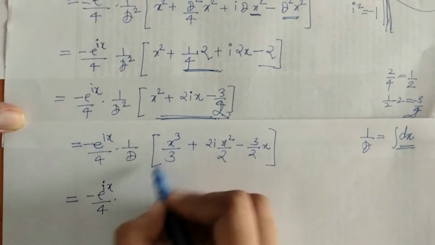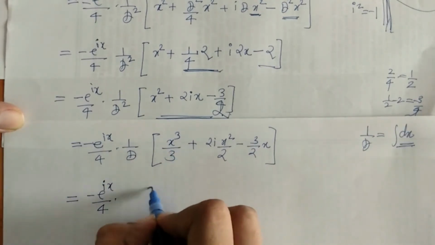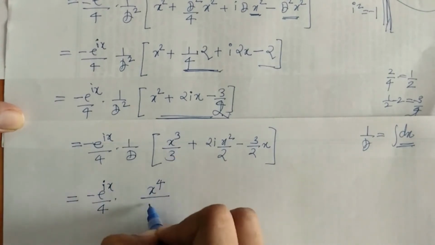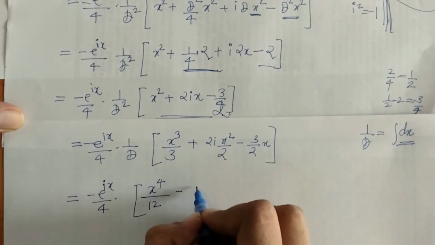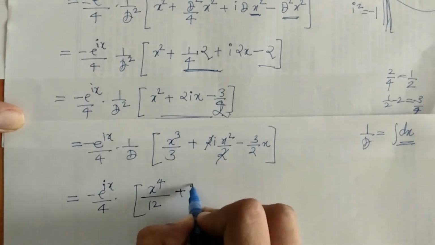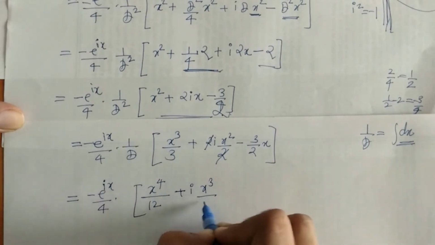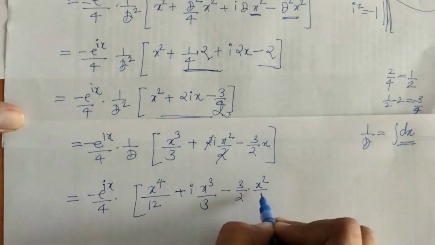Now again by taking integration, we will have x4 by 12, and x cube by 3, and 3 by 2, x square by 2.